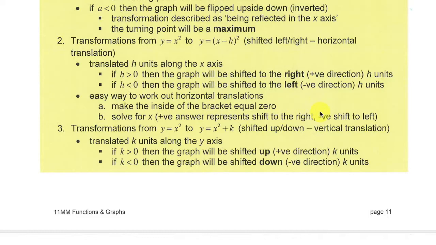If it's negative, then it moves in the negative direction. The effect of the k simply shifts it up and down, and it's pretty clear to read. So if k is greater than 0, then we're moving in the positive direction along the y-axis by k units. If it's less than 0, we're moving down by k units.